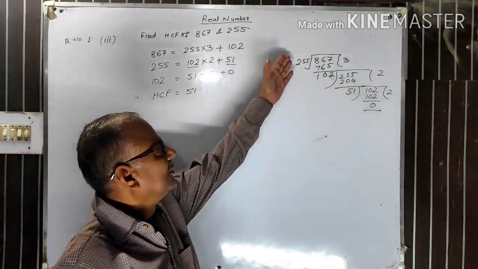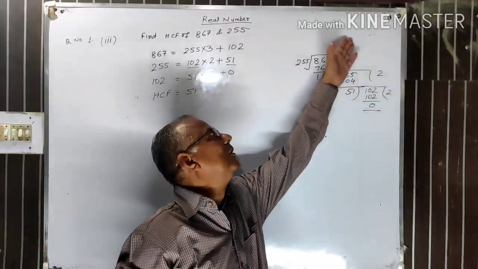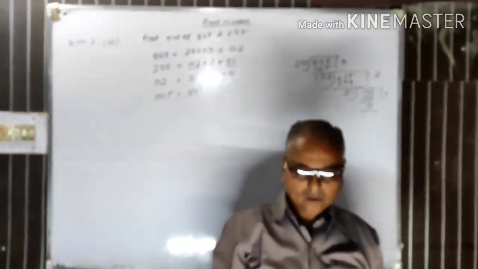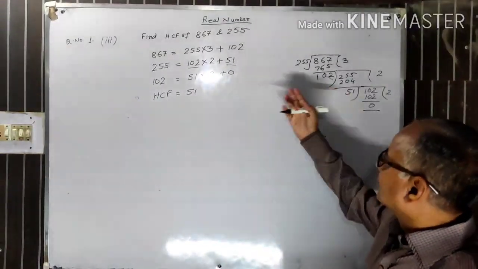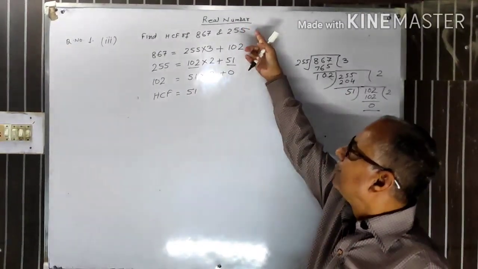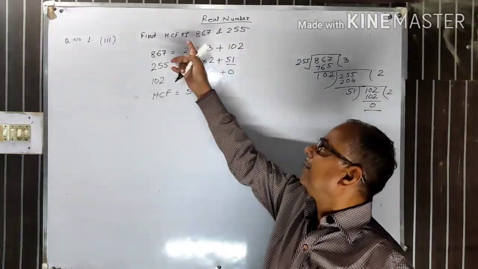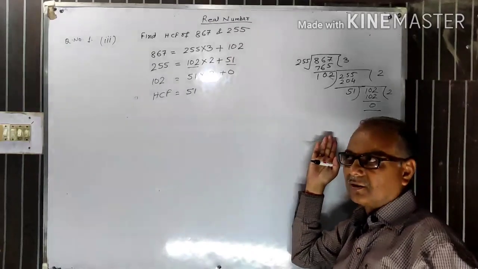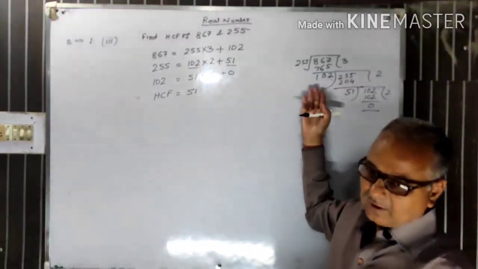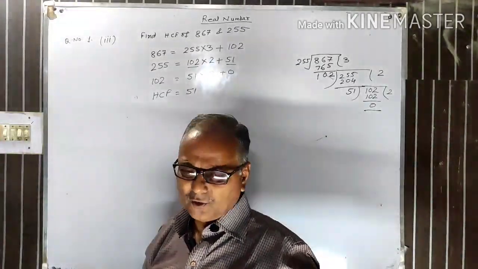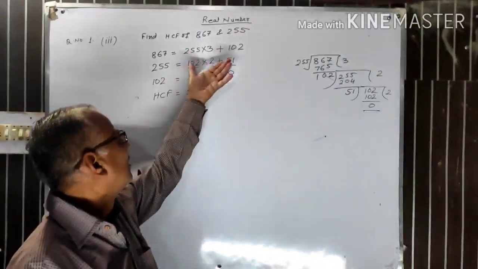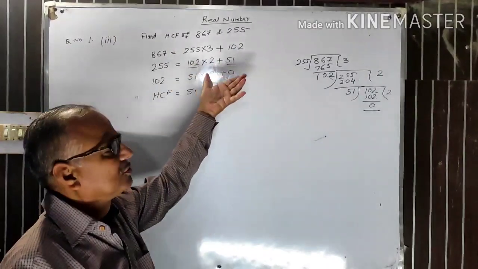This part you have not to show, because you have to do it by division algorithm method. So this is just for your division work. You can do it in the rough paper. Although this is very simple, you can directly do these questions. These calculations are not so difficult.